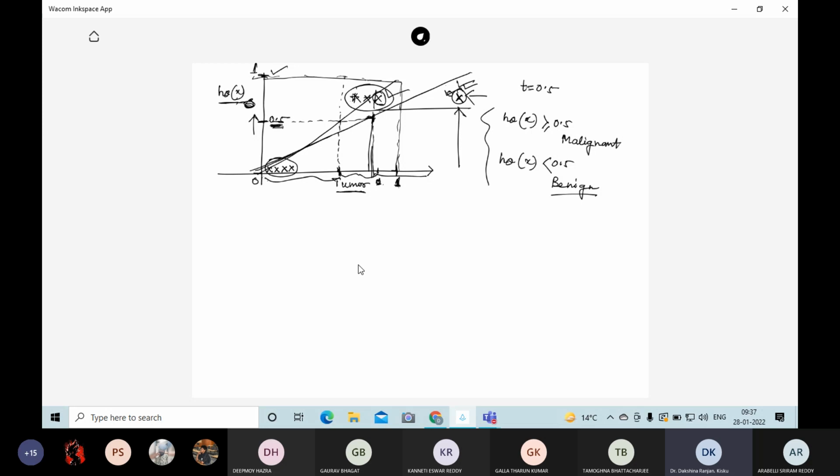Earlier these two examples were found as malignant; after having the new best fitting line, these two examples will now be found as benign.